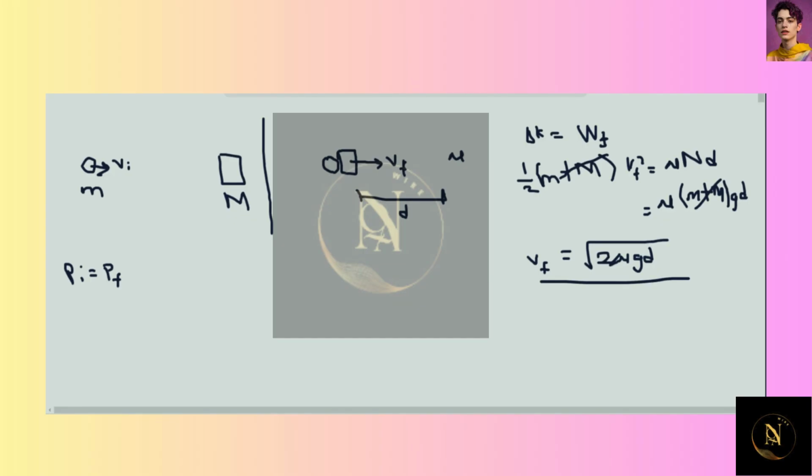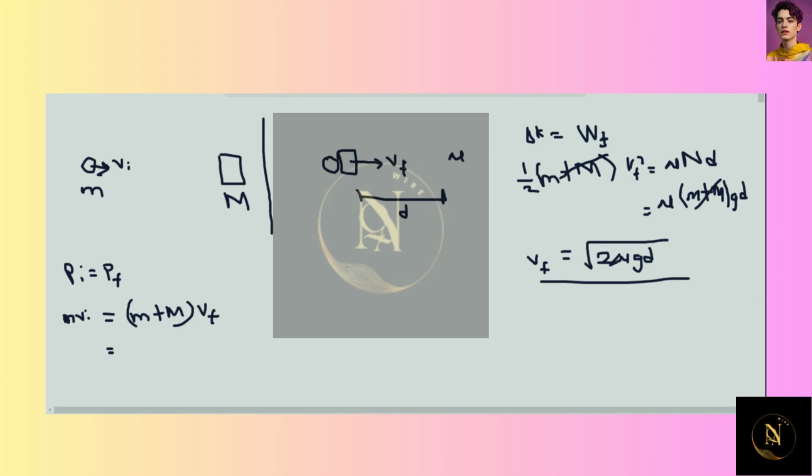And once you have the final velocity, now you can work backwards. The big block's initial velocity is 0, so the initial momentum is just m vi. This equals the final momentum of the system, which is (m plus M) times the final velocity vf, which is equal to this.